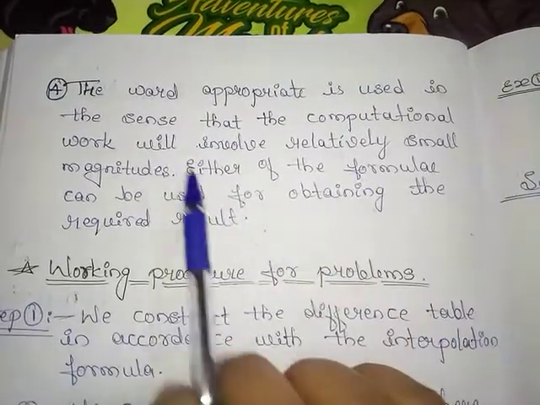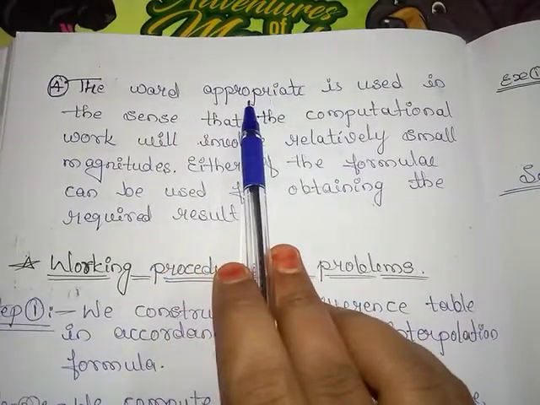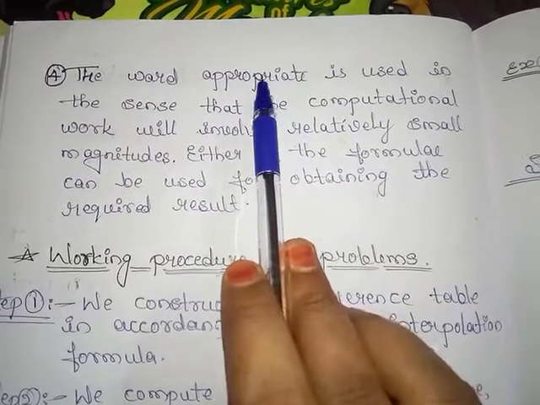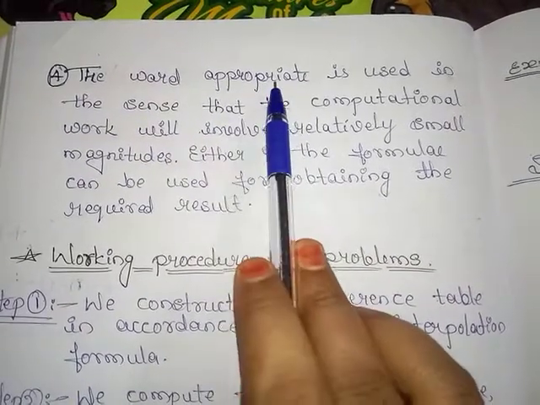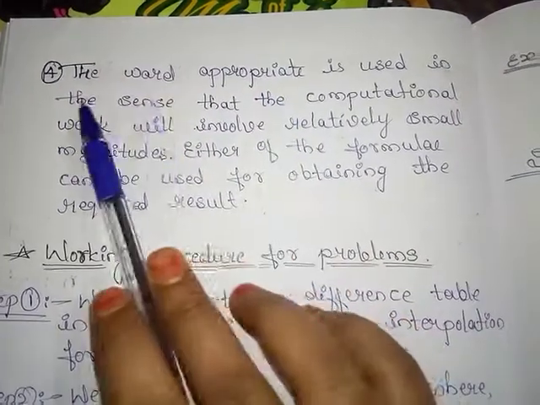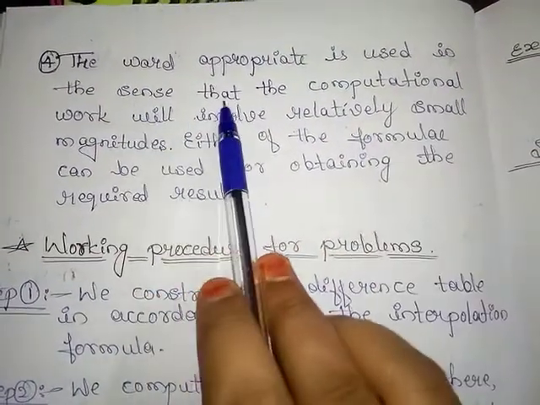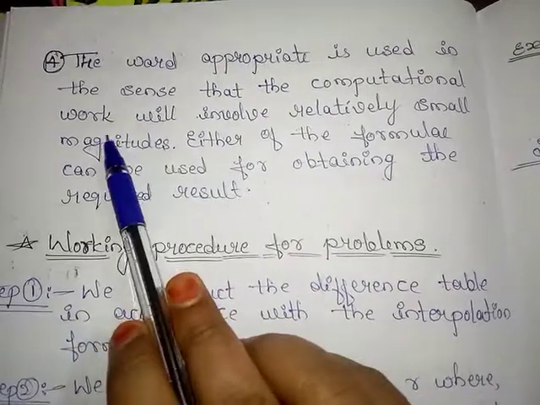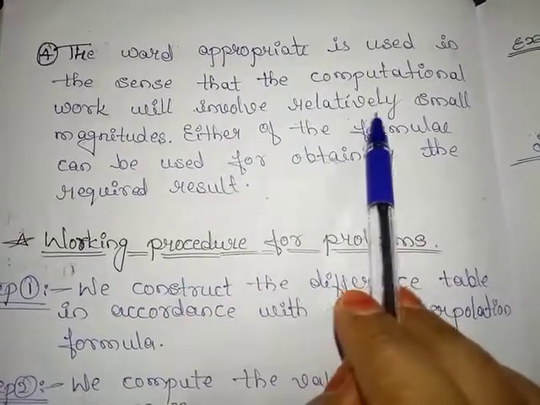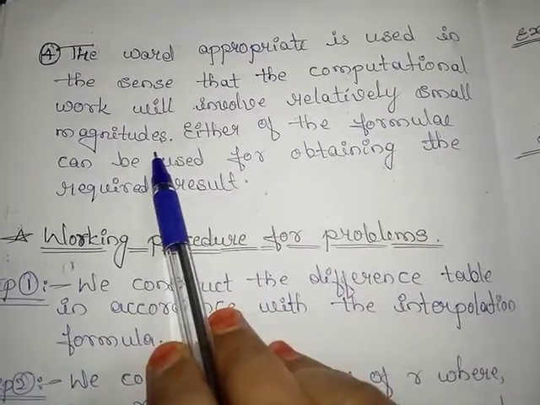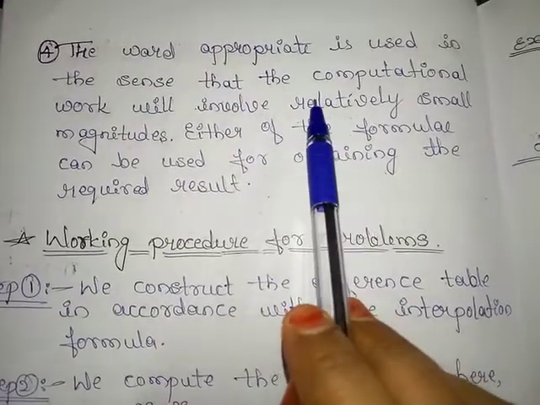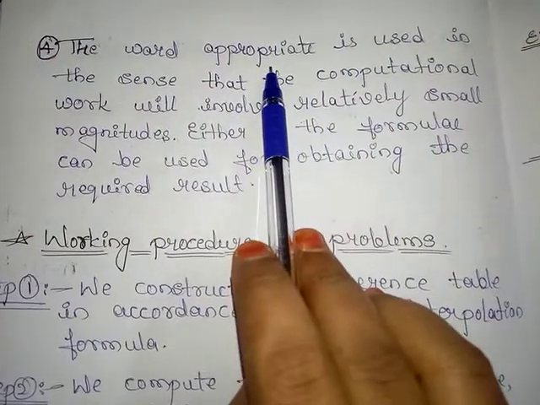In the first 2 points we are using the word appropriate. Why are we using that? It means for easier calculation we are taking that assumption.